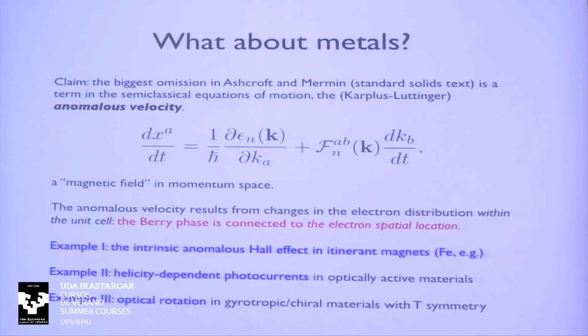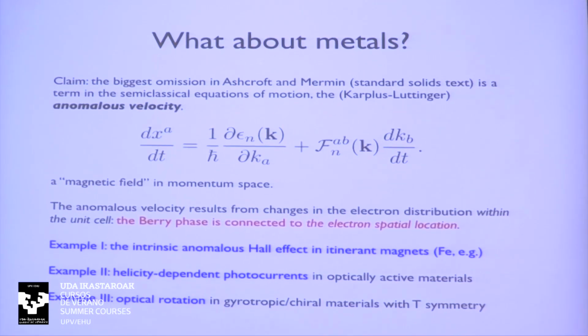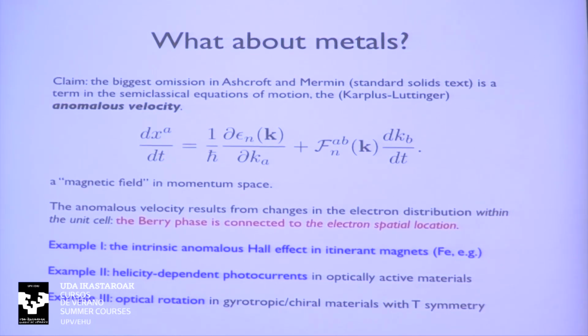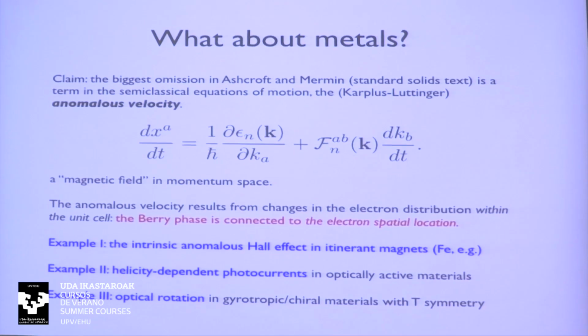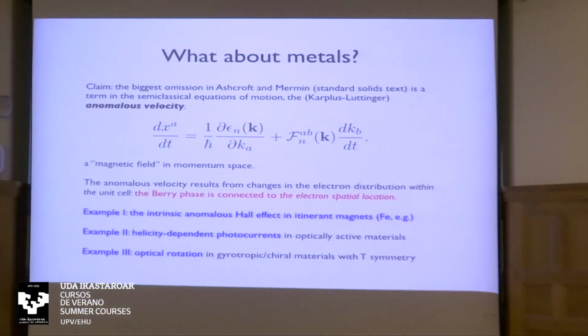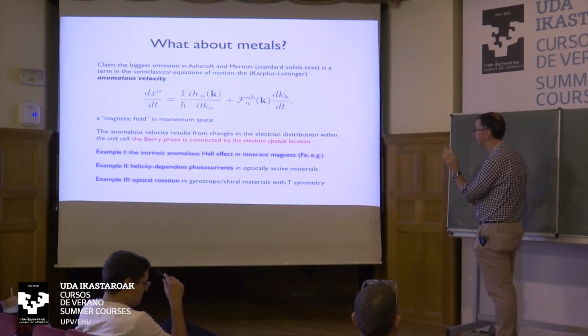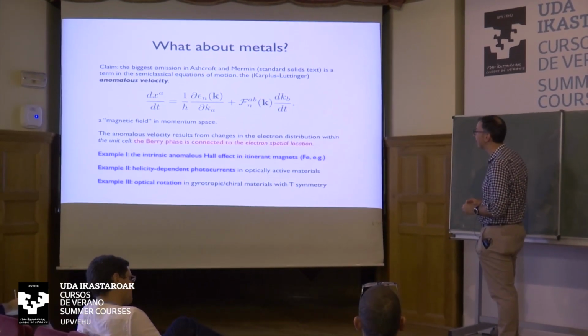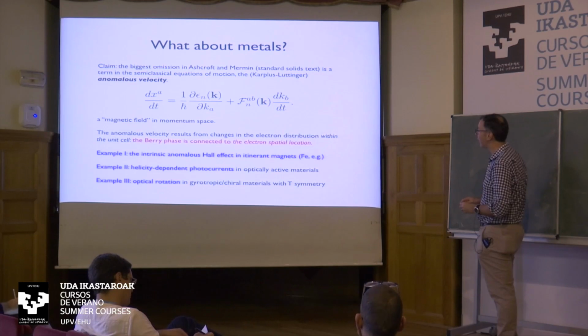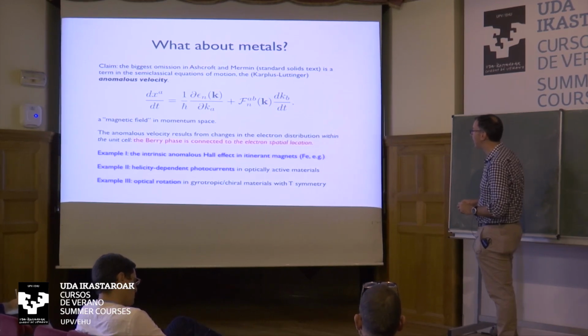And let me give you a quick argument for why something like that has to be there. At least in a material maybe with more than one atom in the unit cell, there could be a term like this. That's the same F we talked about before. That's the Berry curvature. A and B are just band indices. So this is saying there's an extra velocity coming from F dk/dt.